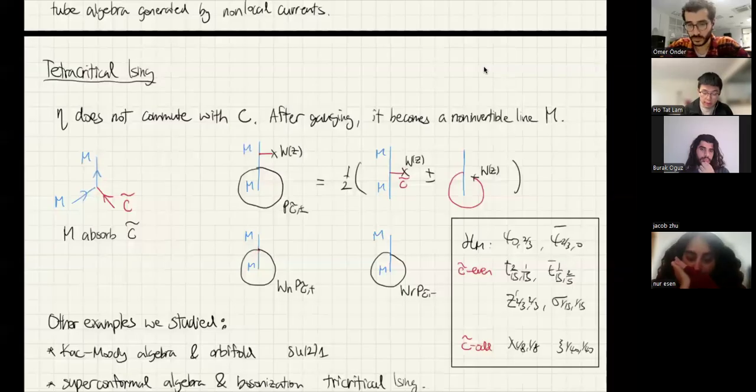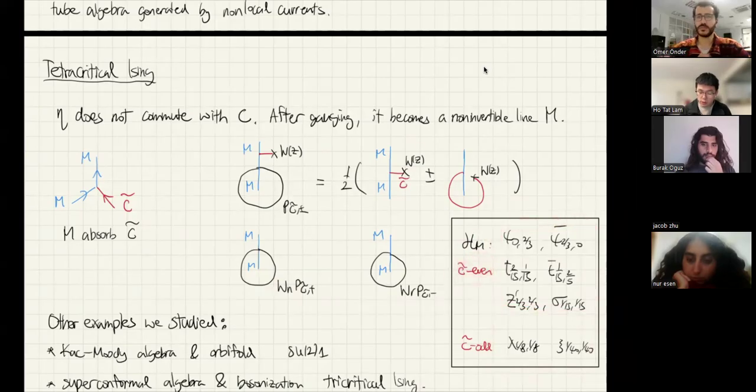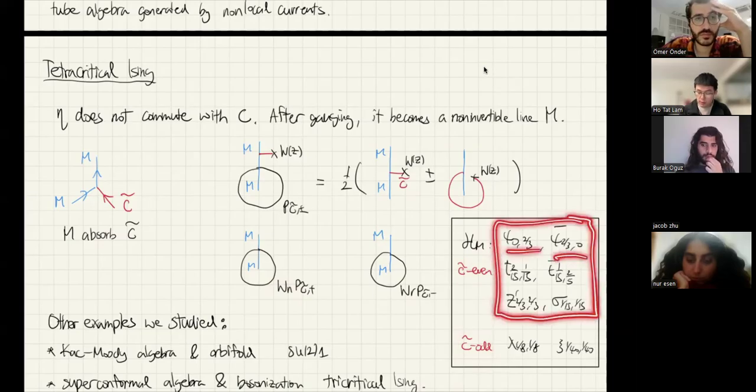But in this defect Hilbert space, you need to introduce projectors, and then depending on the projectors, your W operators will expand into either integer modes or half-integer modes. So indeed, if you look at the M defect Hilbert space, it has a bunch of operators. If you split them into operators that are charge neutral under C tilde and charge odd under C tilde, you see that they form W3 representations. So these are all W3 representations or W3 prime representations.